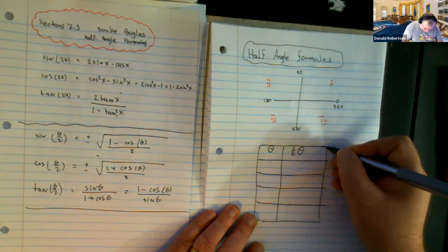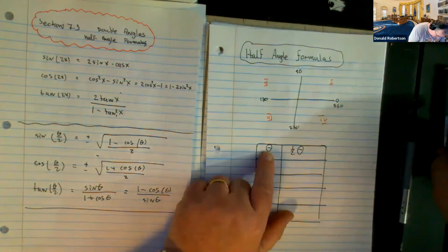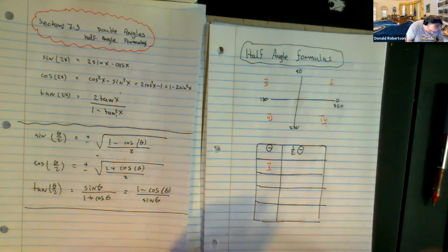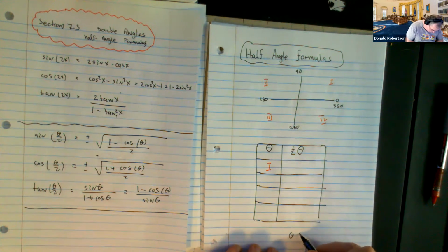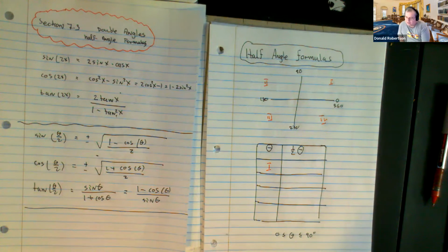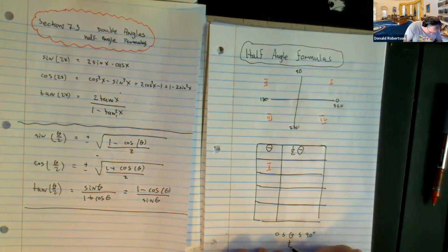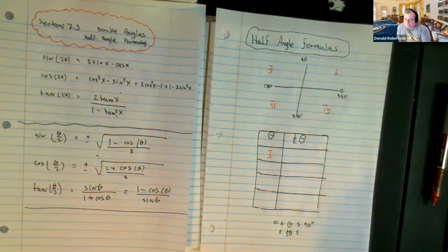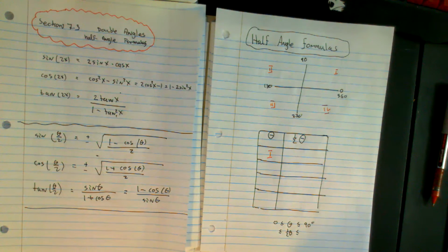So suppose that theta is in the first quadrant. So that would make theta somewhere in the range 0 to 90 degrees. Would you agree? Then what range would a half theta be in? 0 to 45. Okay.